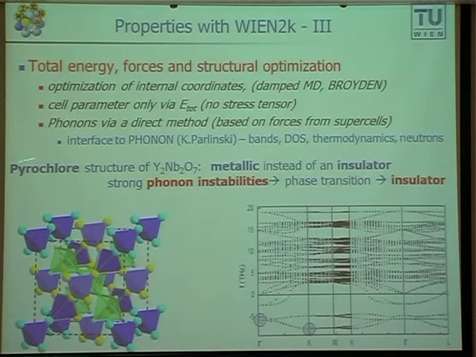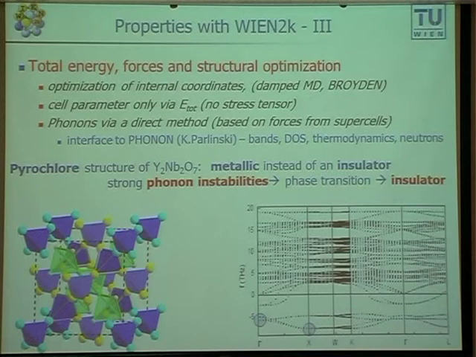So we did a calculation. That's nice, so you can compare with experiment, but phonons are also useful for a very different thing. We did a calculation for a cubic pyrochlore structure of yttrium niobium 2 oxygen 7. This is this cubic structure. If you do this, it is metallic. Experimentally, it's an insulator.